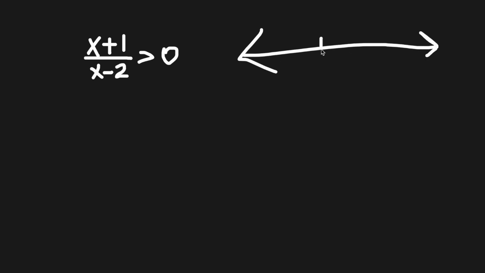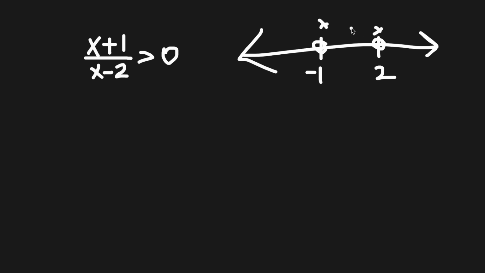So if we were to draw that on a graph, let's say this was -1, this was 2, then our x value cannot be these. So open circle at these, so it cannot be these two.